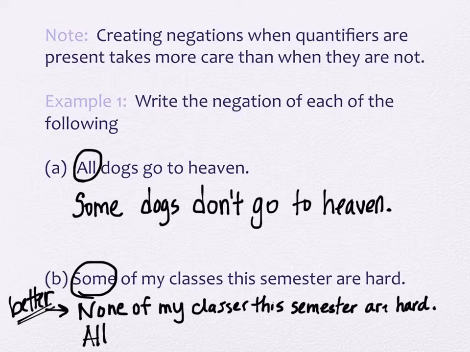I need a statement that's the opposite. I don't have to worry about the some, all, none. I already took care of that by making sure I had the right quantifier there. That's taken care of. But what would I have to say about my classes in order to make the opposite statement? Yeah, and I think Jasmine was the one that was saying that one before. All of my classes this semester are not hard.